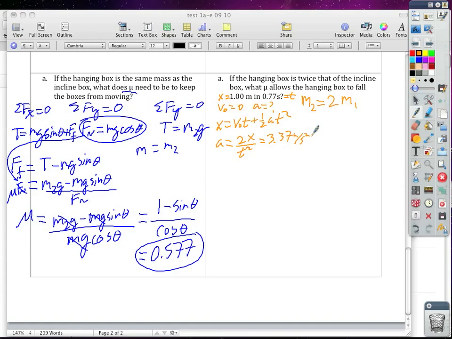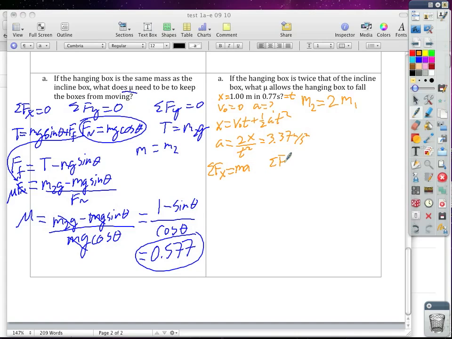So now this is different than the others, because in boxes A, B, and C, the thing wasn't moving. Now it's moving. So we have to do this. Basically, it's the same sort of stuff, except instead of 0, it's MA. So the sum of the forces in the X are not 0 anymore. They're MA.